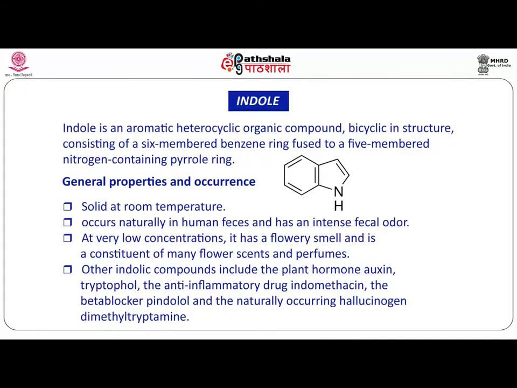Next, we shall learn about indole. What is indole? Indole is an aromatic heterocyclic organic compound, bicyclic in structure, consisting of a 6-membered benzene ring fused to a 5-membered nitrogen containing pyrrole ring. Indole is widely distributed in the natural environment and it can be produced by a variety of bacteria.